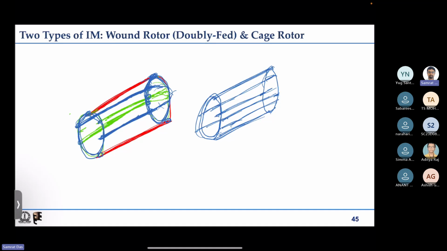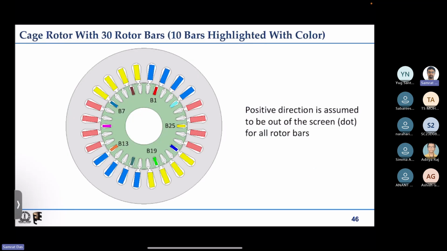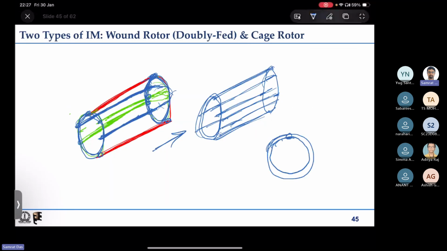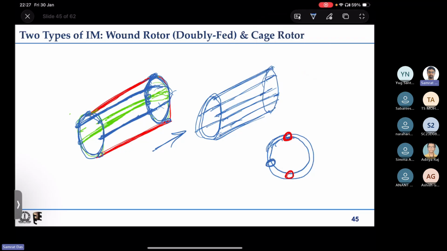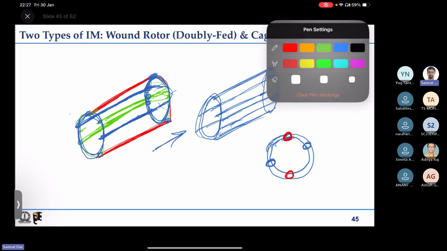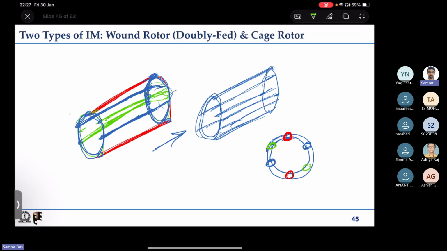So if I show this view, then we have some ring like this, where say this is R phase one conductor, this is another conductor, this is blue phase one conductor, another conductor, and yellow phase one conductor, another conductor.